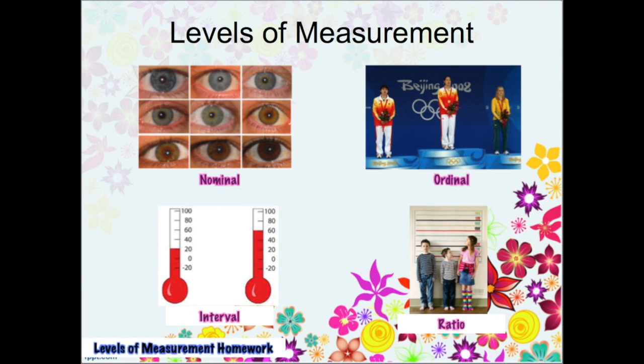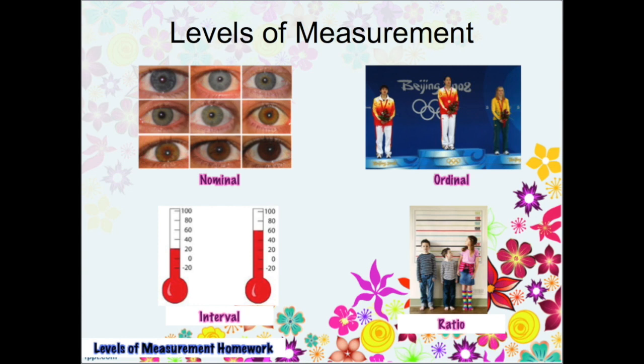Maybe you like your psychology class the best, and then history is a close second, but philosophy is a distant third. So if you're looking at a hypothesis or a research design, and you see that word rank or ranking or any derivative of that, order, generally that's a good indication that you're working with ordinal data.